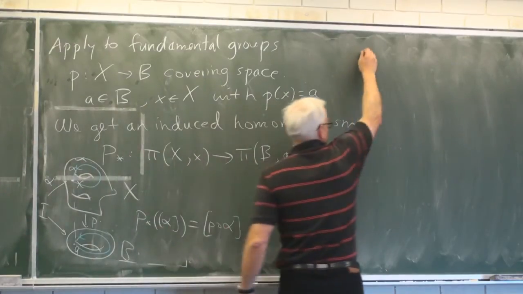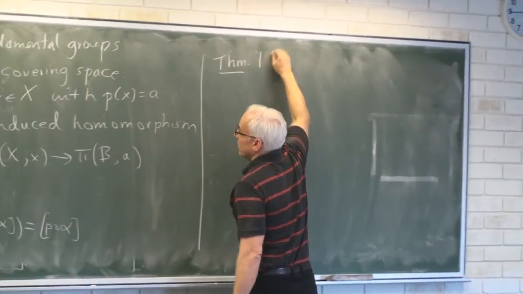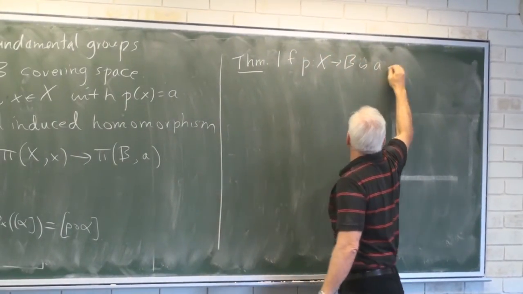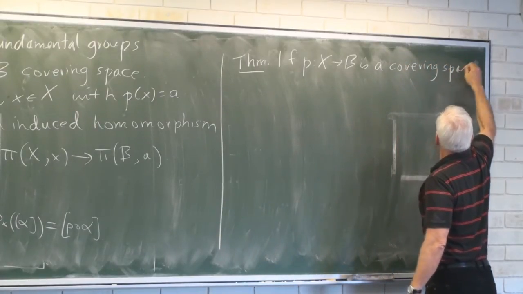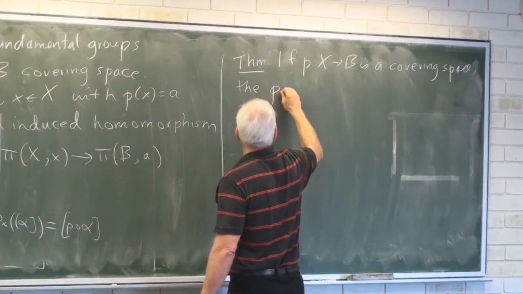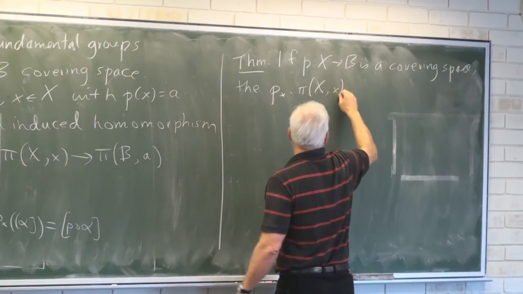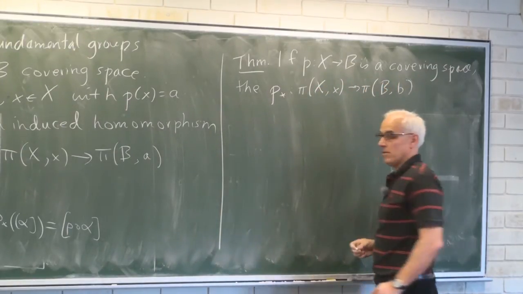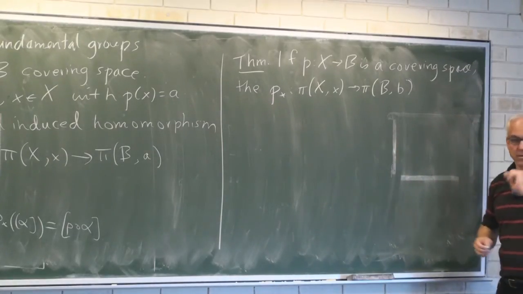And the theorem is that if P from X to B is a covering space, then P star from pi of X, x, to pi of B, A, is injective.